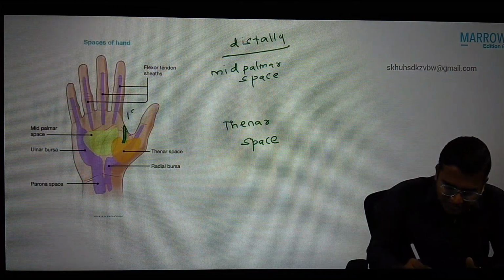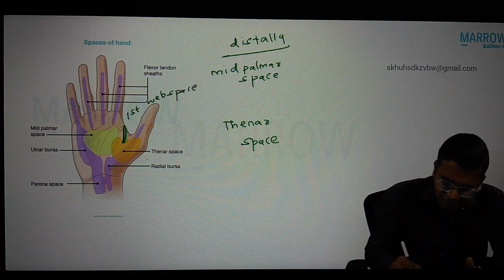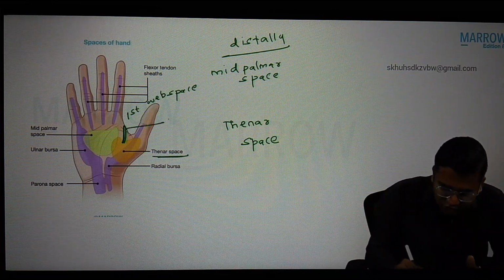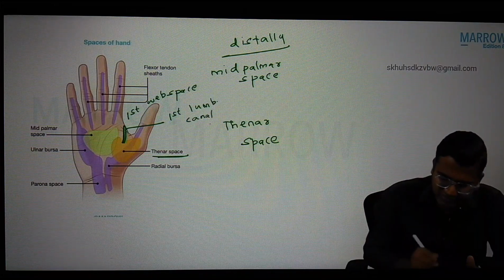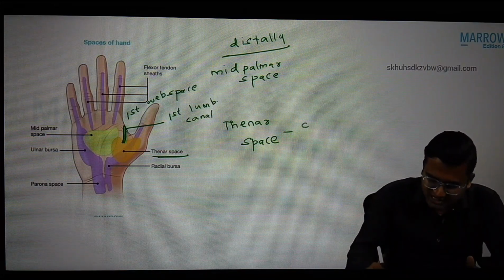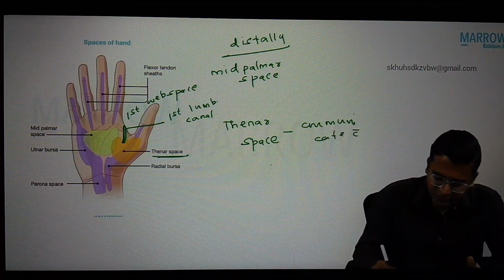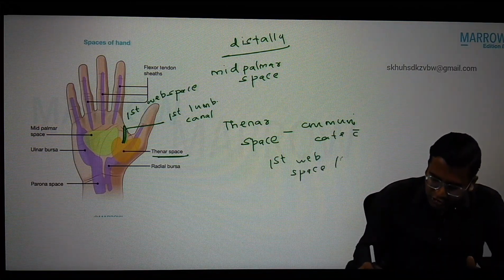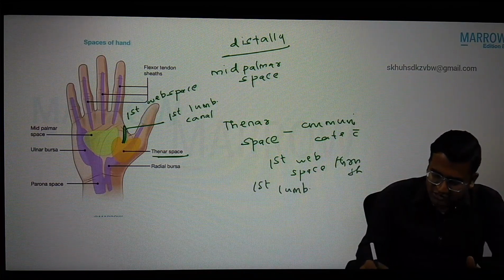This is the first web space. So please write: thenar space distally communicates with the first web space through the first lumbrical canal.